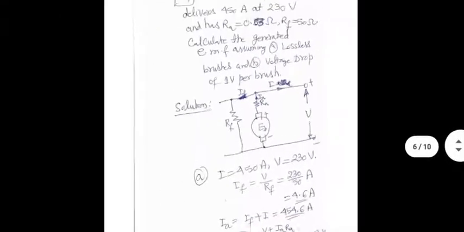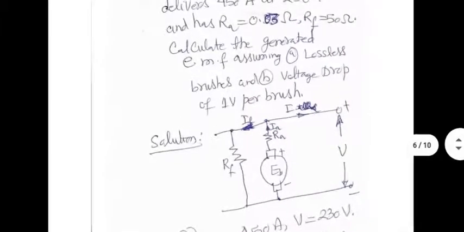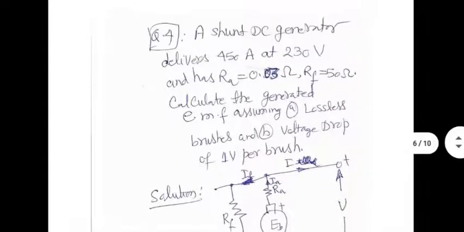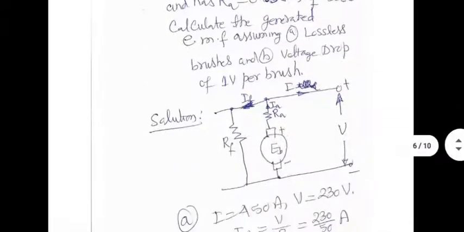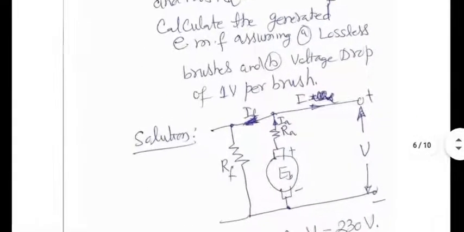First thing is to draw the equivalent circuit carefully. It's a shunt connection, right? So field windings have to be in parallel with the armature. Field current is IF, load current is I, armature current is IA.